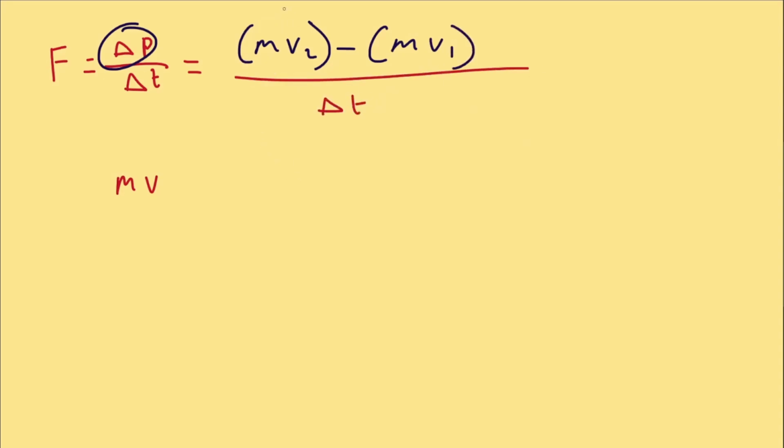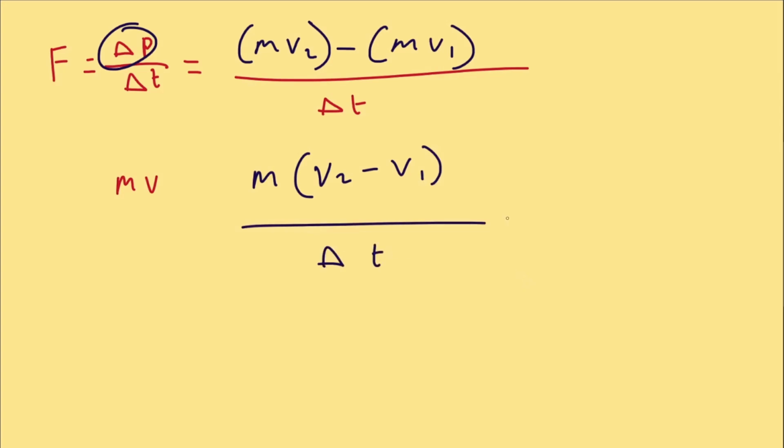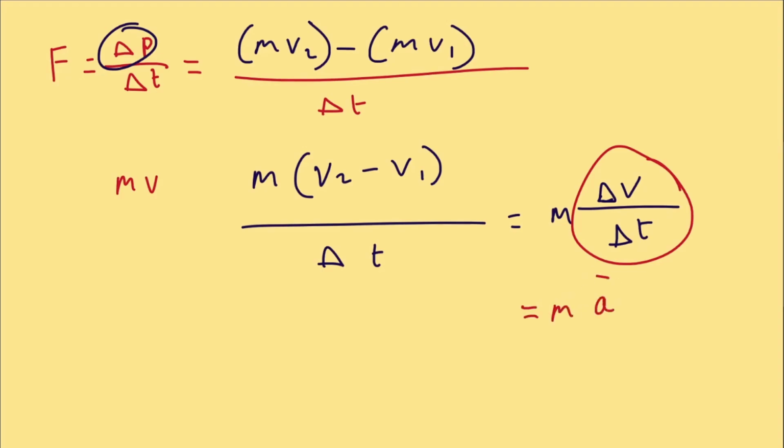Factor out mass because mass is constant here. You get mass times the change in velocity divided by change in time. This is also written as mass times delta v over delta t. And what is this? If you notice, this is the formula for acceleration. So you get mass times acceleration. F equals ma.